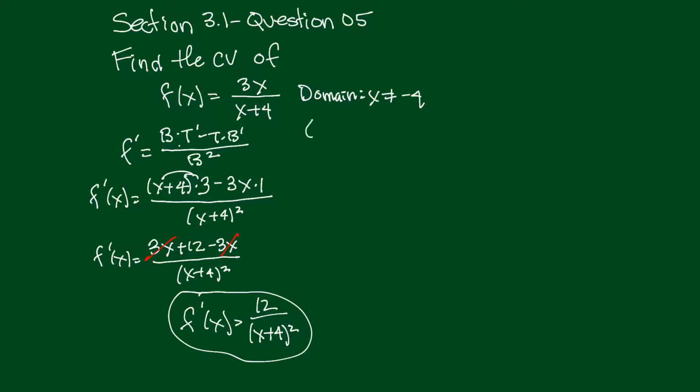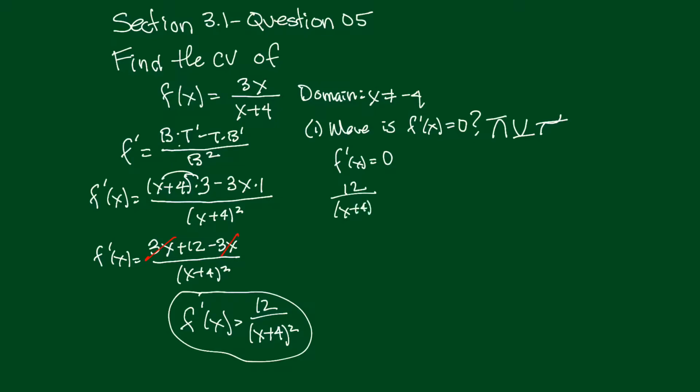Now let's ask our two questions. First of all, where is f prime of x equal to 0? That gives us these smooth maxes, mins, or terrace points. Now here's what we have. We have f prime of x equaling 0, which means 12 over x plus 4 squared equals 0.